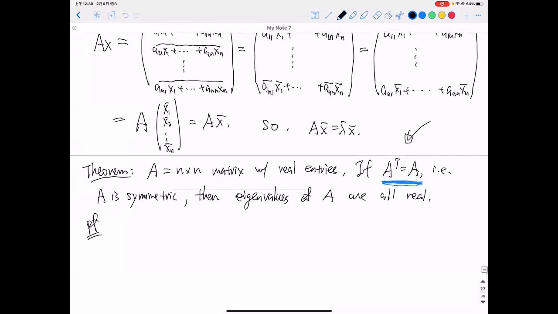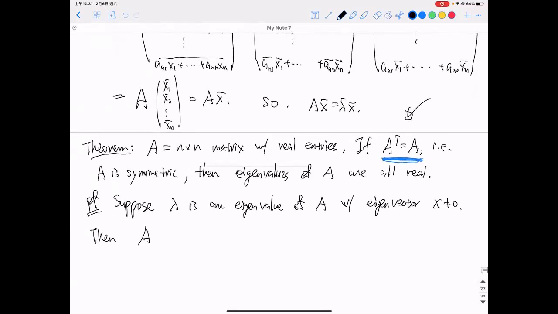Okay, so suppose you have an eigenvalue lambda. Lambda is an eigenvalue of A with eigenvector x not equal to 0.